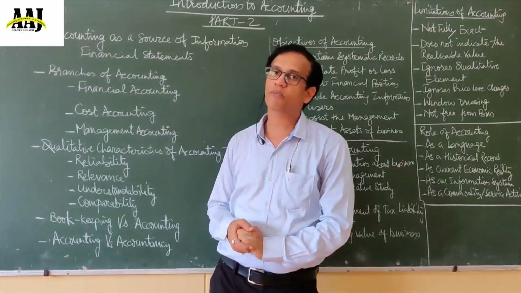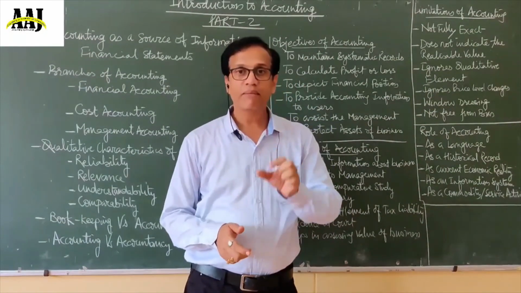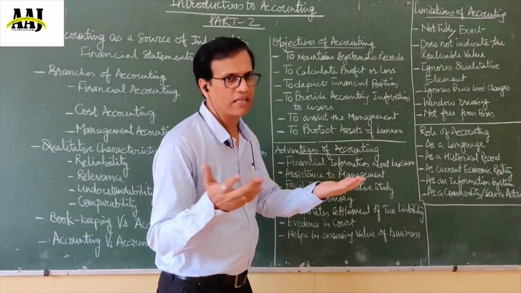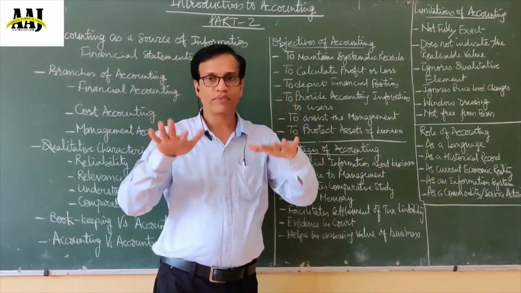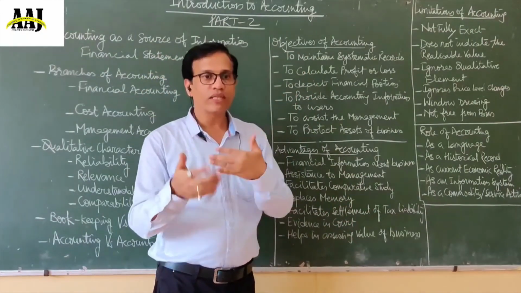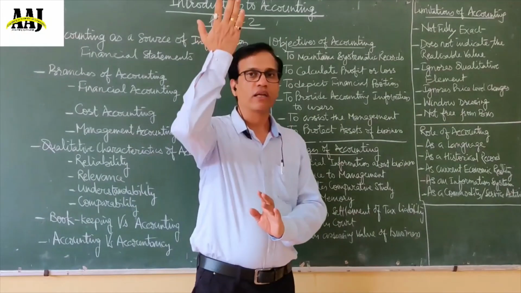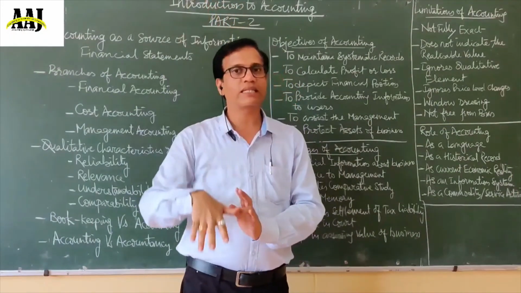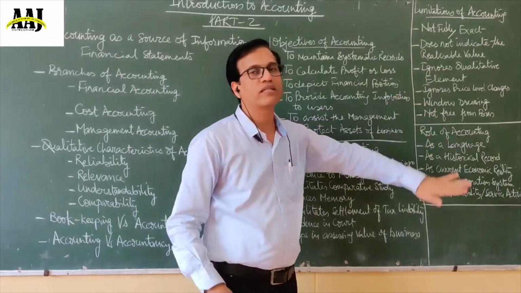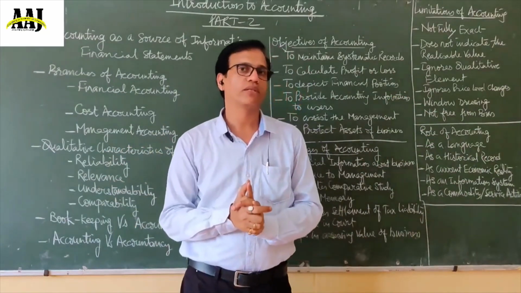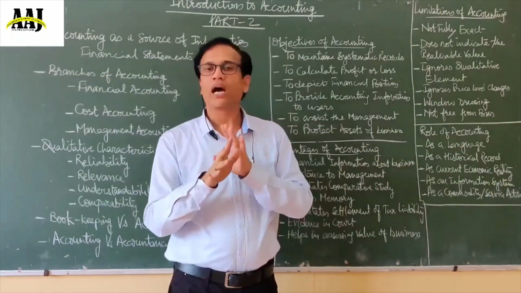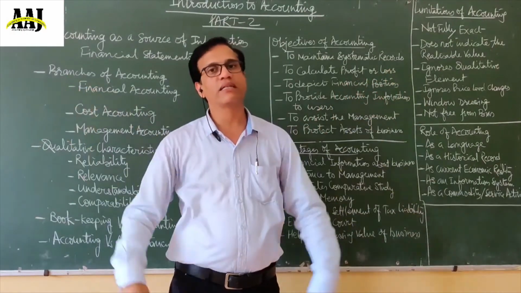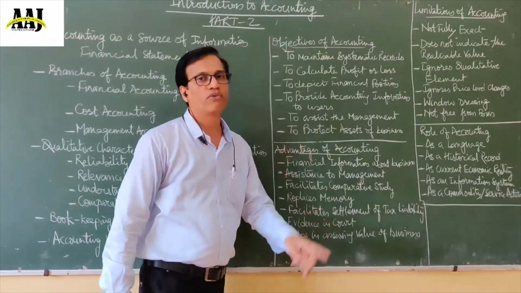Then it ignores price level changes. The price level changes in the market, the prices go up, they come down. When this cycle of inflation and deflation happens, it is not recorded in the books of accounts. So the price level changes are not at all considered in the recording of a transaction.